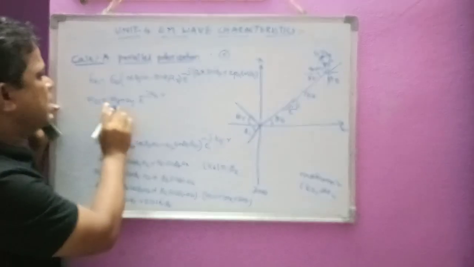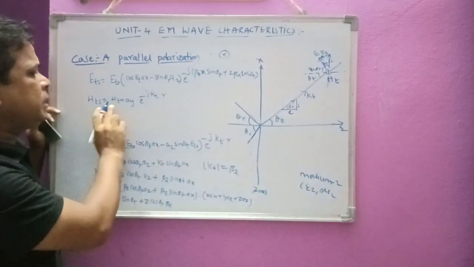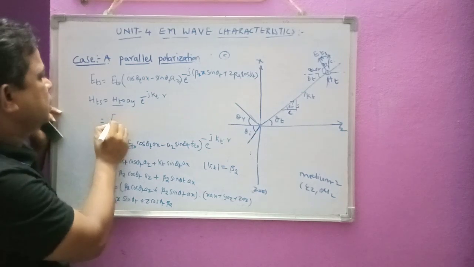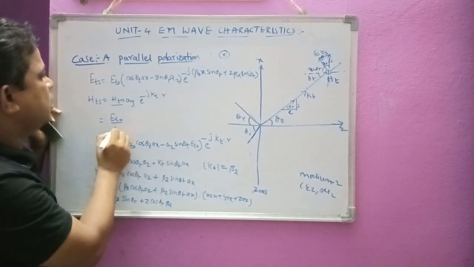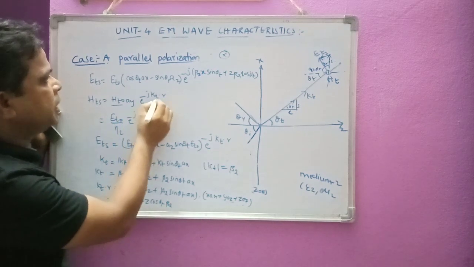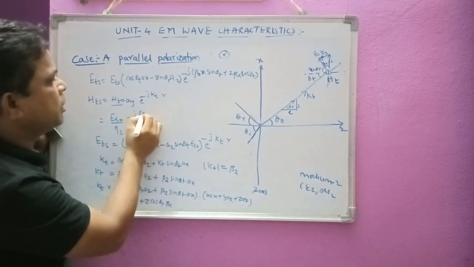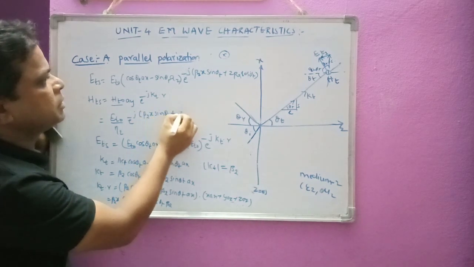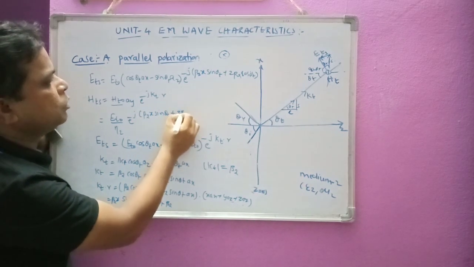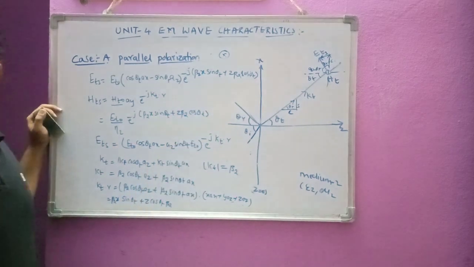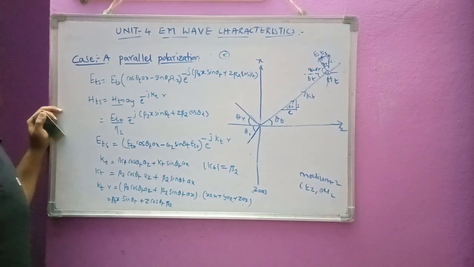I can write HT naught in terms of ET naught: ET naught by eta 2, e power minus j, beta 2 x sin theta t plus z beta 2 cos theta t. So that will be the equation here.